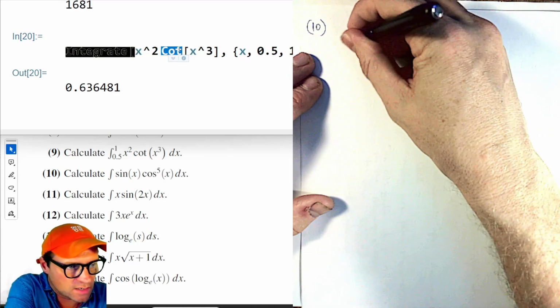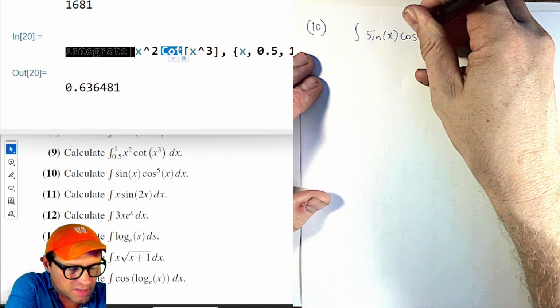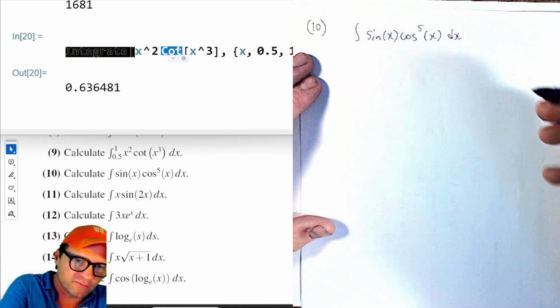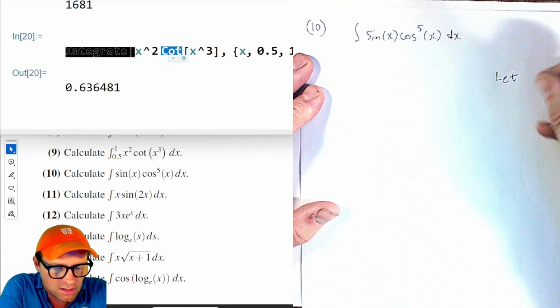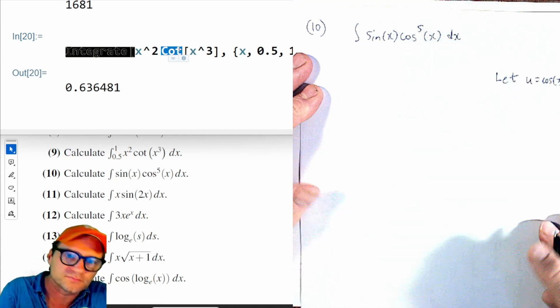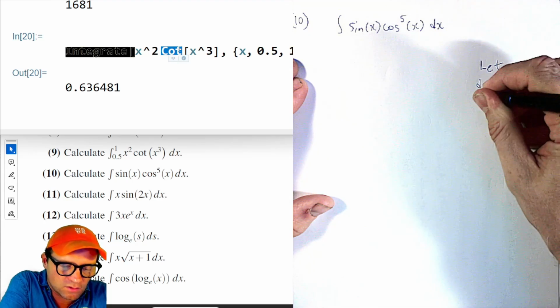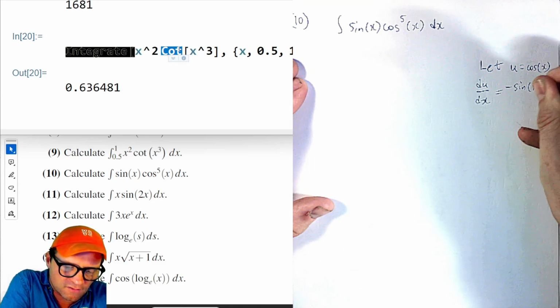So in question 10, we are integrating sine x cos to the power of 5 of x dx. Now, I hope for you it's getting obvious now what to let u equal to. So here, let's let u be equal to cos of x. Okay, and so we differentiate, du on dx is minus sine of x.